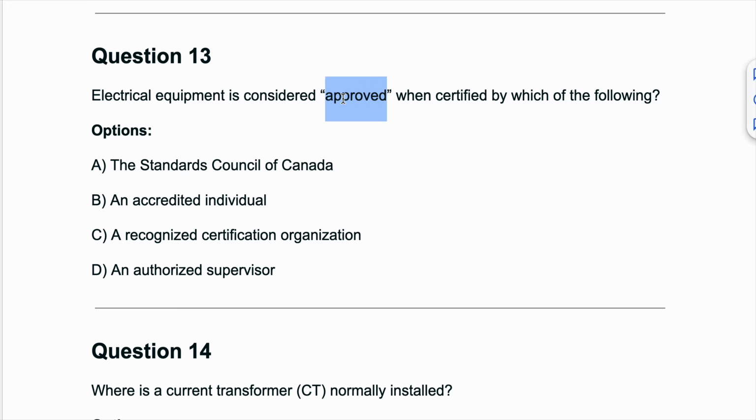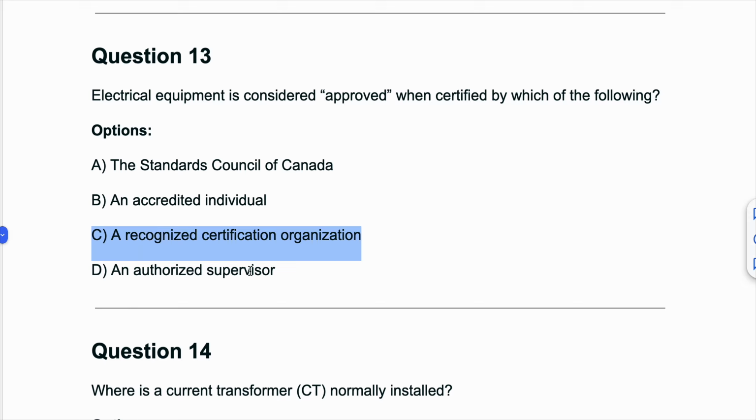Electrical equipment is considered approved when certified by which of the following? When we want to have an approved label on electrical equipment, we need to refer to the Standards Council of Canada. An accredited individual, no, not accredited individual. A recognized certification organization, yes.